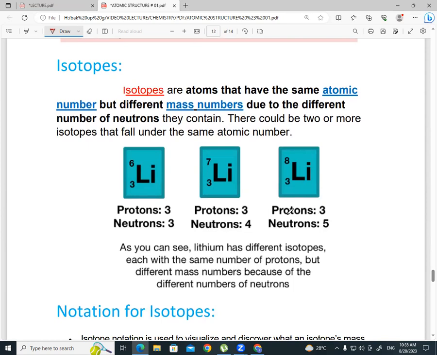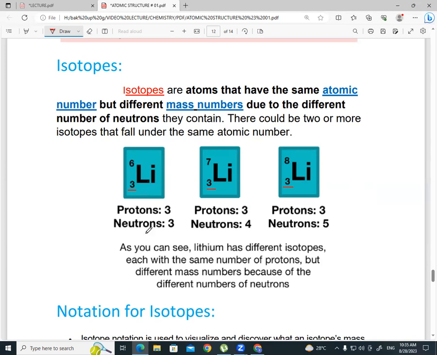See here that there are three isotopes of lithium, and all these lithium atoms have the same number of protons, which is three.